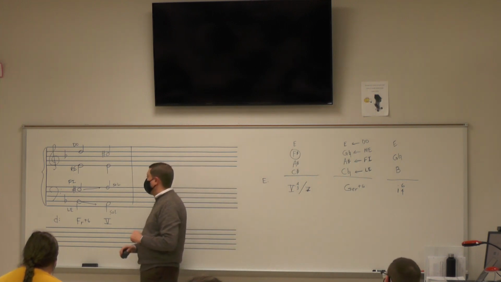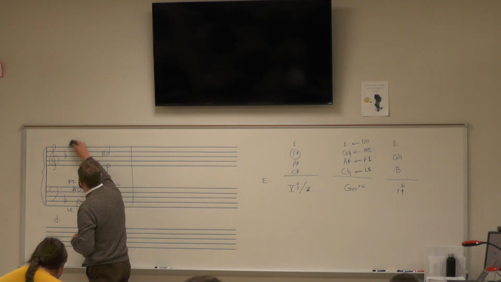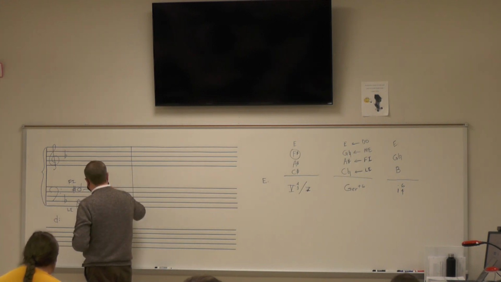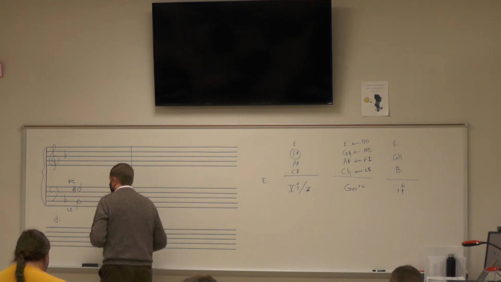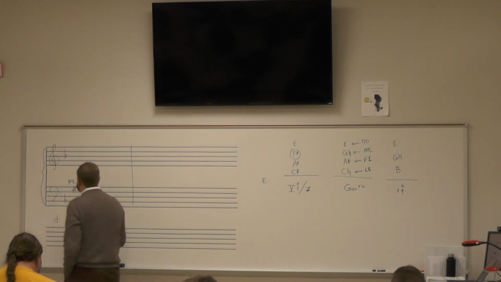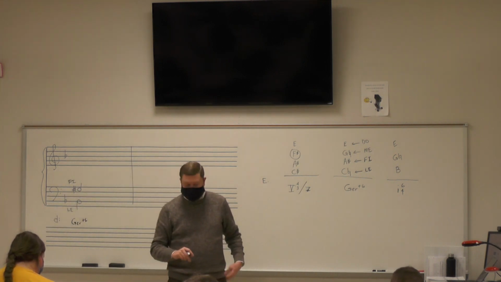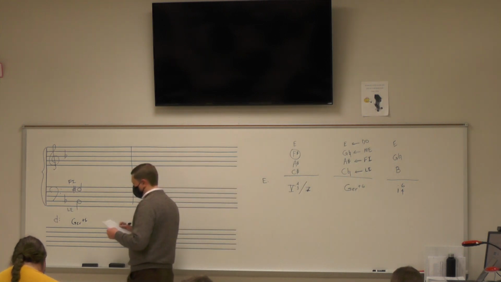But I do want to show you how to part-write the German 6, because with the German 6, something is just a little bit different. Okay, we know with the German 6, we need Me and Do in addition to Le and Fi.